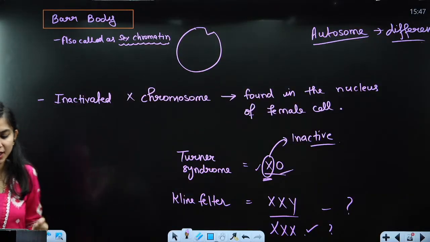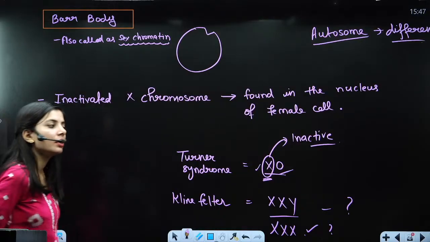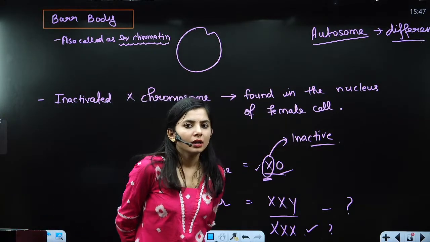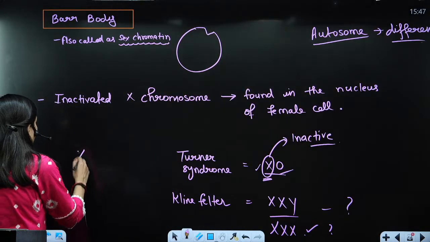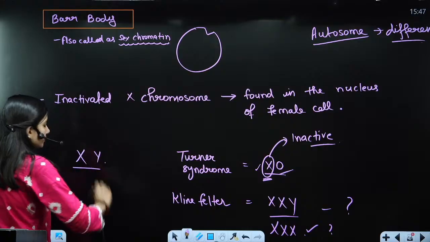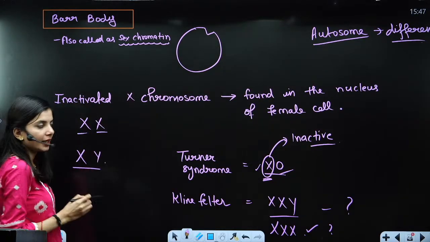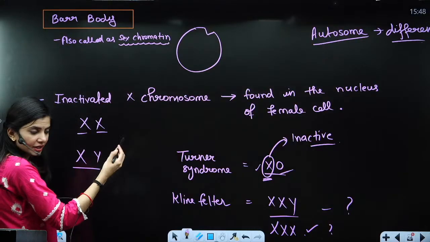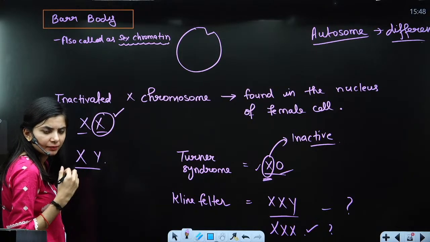Fine. Okay. Then there is another thing in terms of a normal male. Now let's talk about X and Y. I'm just comparing X and X. Here both are teachers, so one teacher could be inactive, still the class may run.